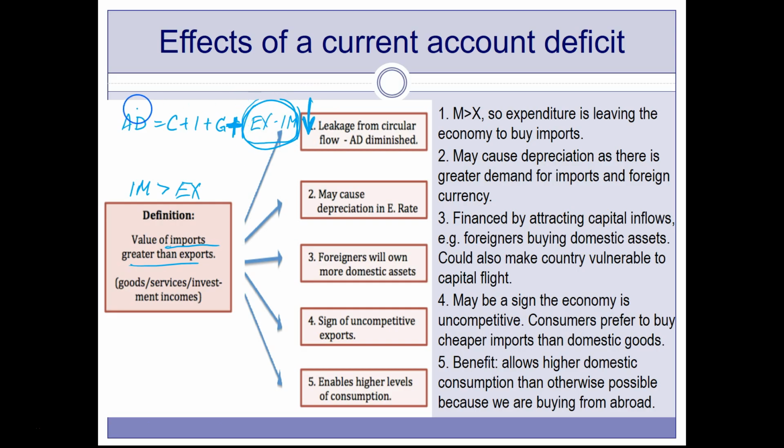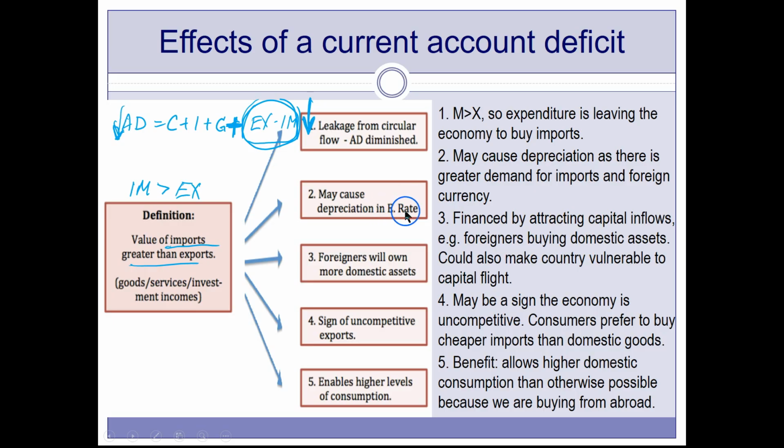When it's negative, aggregate demand will drop. Some expenditure will be leaving the country rather than adding to aggregate demand, which would stimulate production, create jobs, etc. Some money is leaving the country to buy imports, so our economy will produce less. This, of course, will lead to lower output, a lower number of jobs available, lower employment, higher unemployment, and so on.